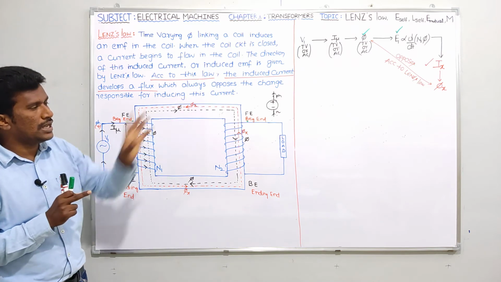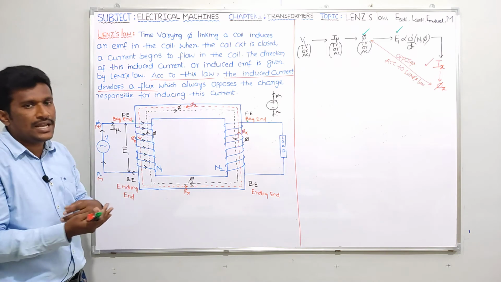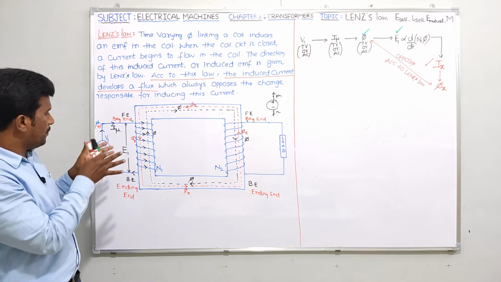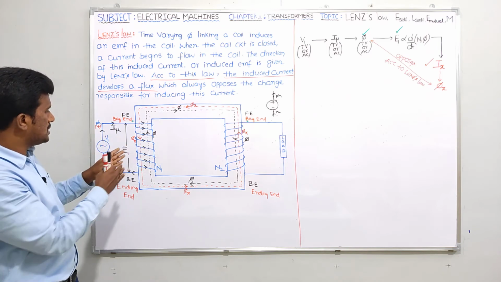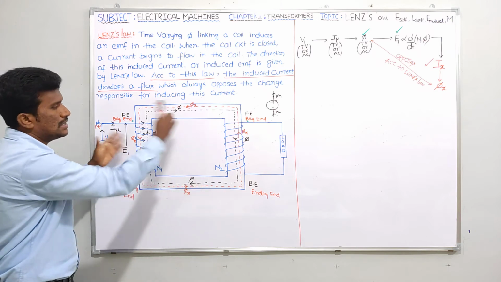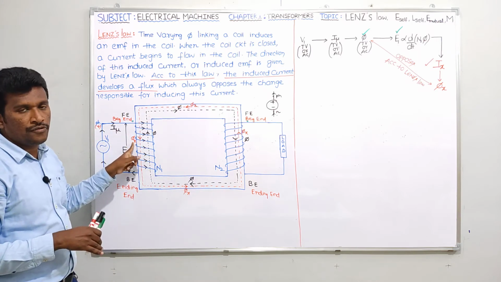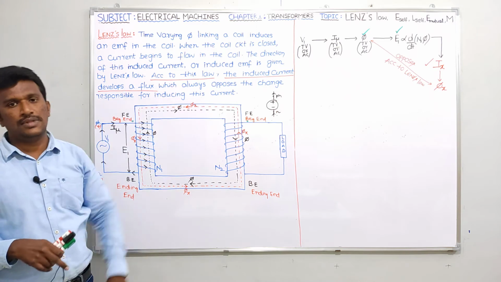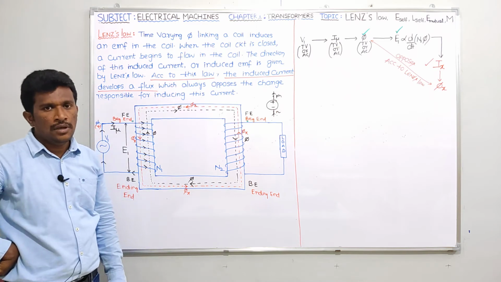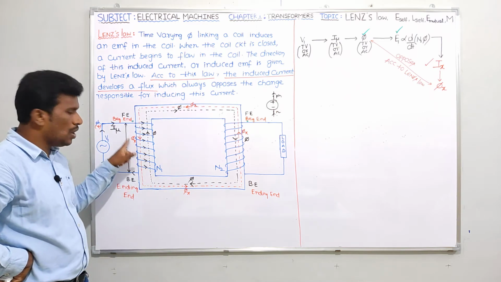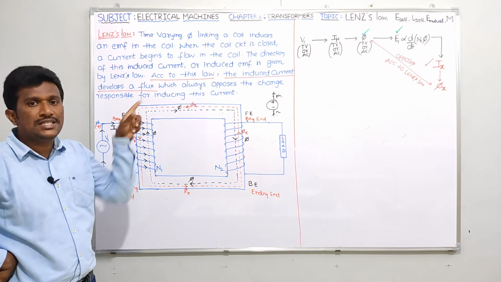I am not showing Ix, because for your understanding, if I say phi x and phi are opposing, I can directly draw like this. But to be frank, before getting this phi x, first of all Ix was flowing. That you should understand. Before phi x was produced, Ix was flowing in the circuit.